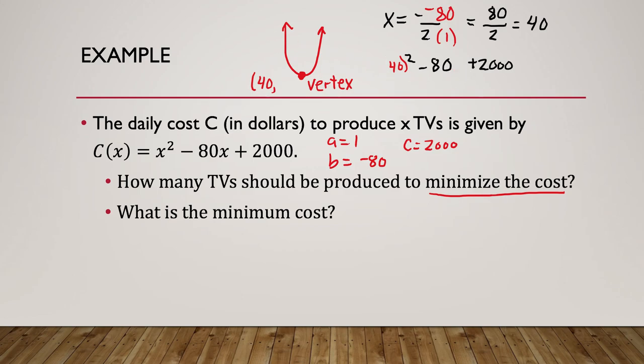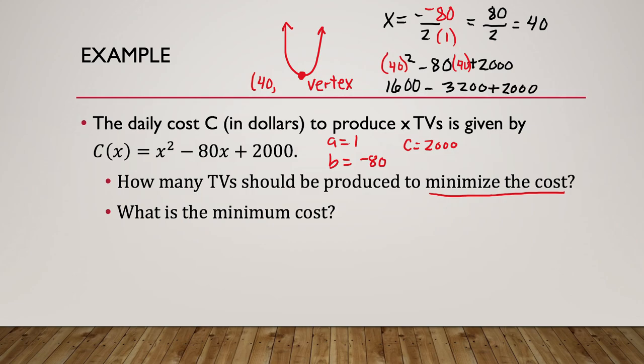All right, so we're plugging into both of those places. And then we're going to work it out. So 40 times 40, 40 squared is 1,600. 80 times 40 is 3,200. And we're going to add 2,000.